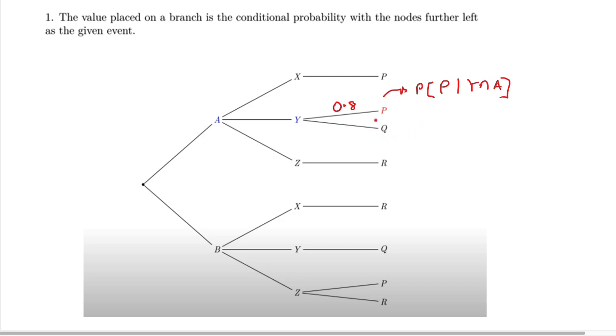So whatever value you use in a branch, the value of a branch is a conditional probability.